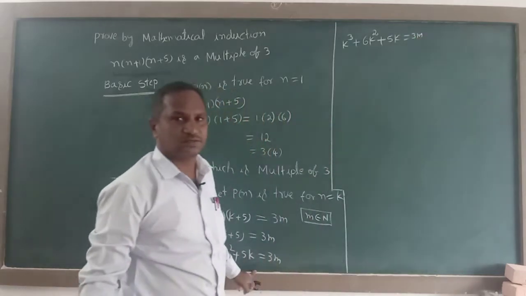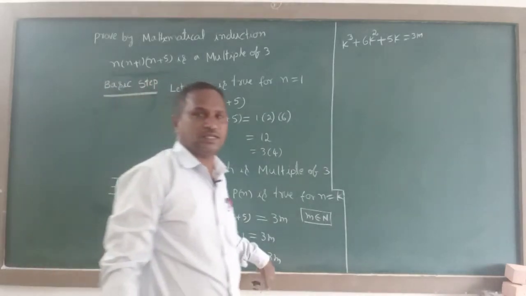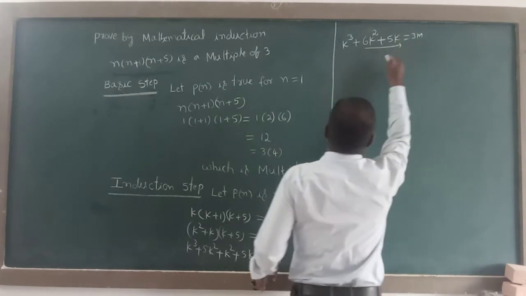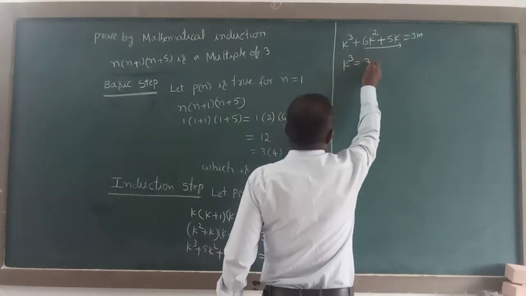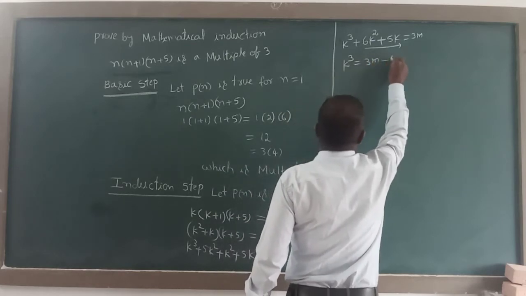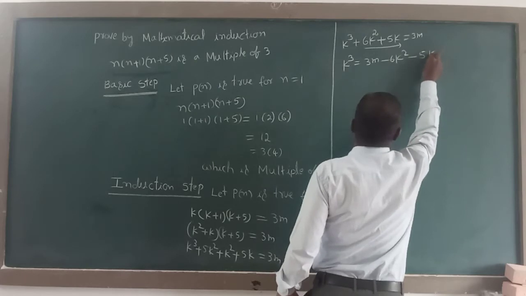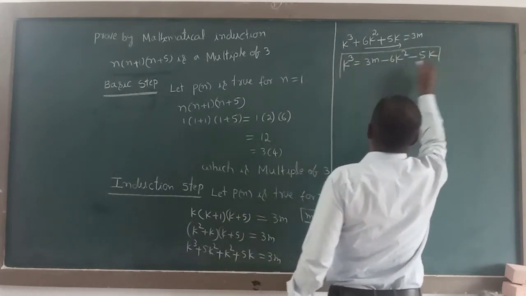So k cube plus 6k square plus 5k is equal to 3m. Send all these to that side. Then k cube is equal to 3m minus 6k square minus 5k. We represent this as equation number 1.